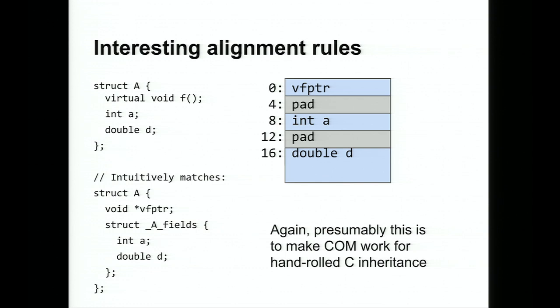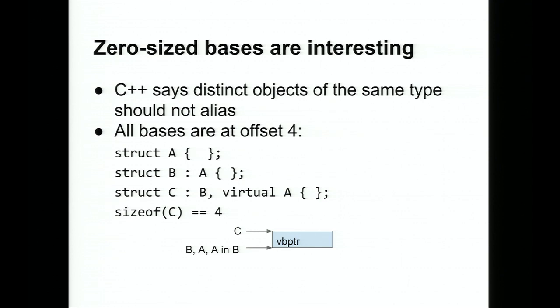You would naturally assume that we go VF pointers 4 bytes, then the integers 4 bytes, and the double is 8 byte aligned. Like that makes sense. But it looks like they're doing something like this, right? You could access this in plain C if you declared some structs like this, and this would make a little bit of sense. But again, no documentation, so these are things we figured out experimentally.